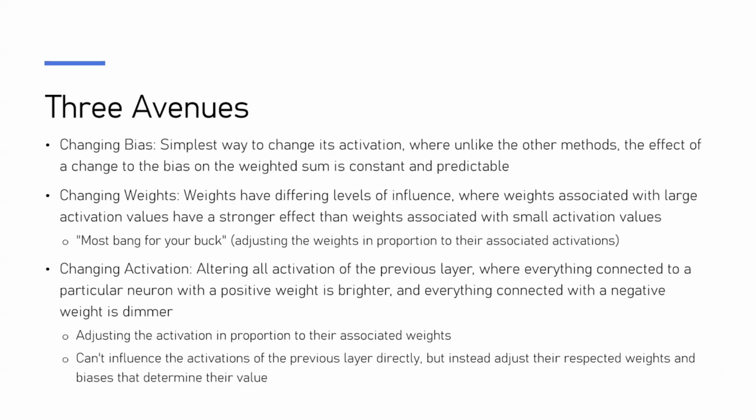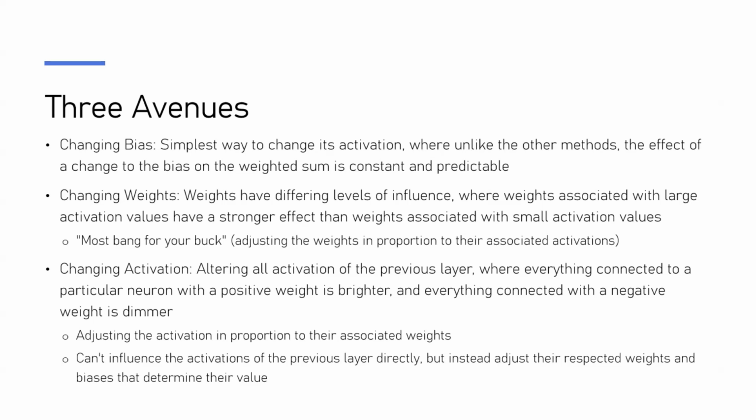Changing weights is different, since weights within the vector have differing levels of influence, where weights associated with large activation values have a stronger effect than weights associated with small activation values. We can sum this up in a phrase, most bang for your buck, which is just adjusting the weights in proportion to their associated activations.